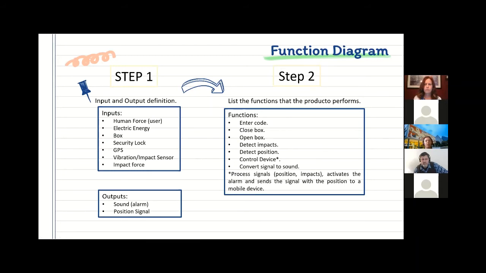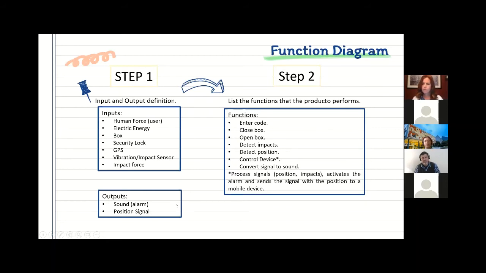Entonces, para el caso de nuestra caja de seguridad, vamos a tener como entradas la fuerza humana, energía eléctrica, la caja como tal, nuestro candado, el GPS, un sensor de vibración o de impacto y también nuestra fuerza de impacto. En la parte de salidas vamos a tener como tal el sonido, que va a ser una alarma, y la señal de posición.